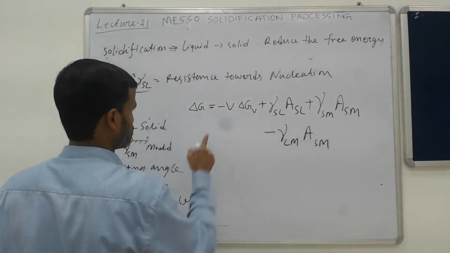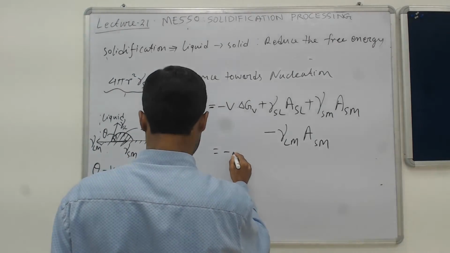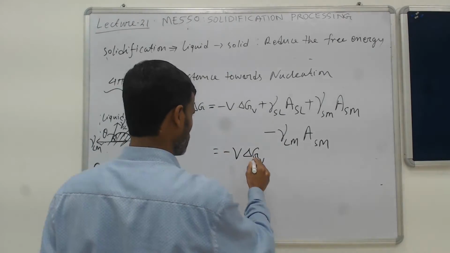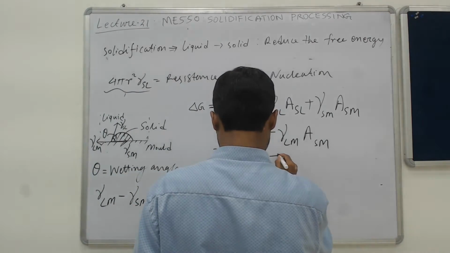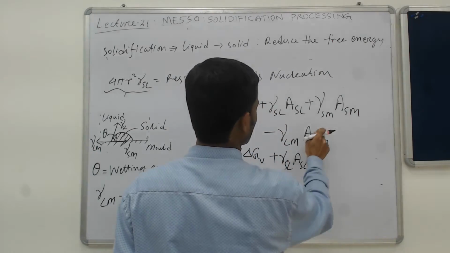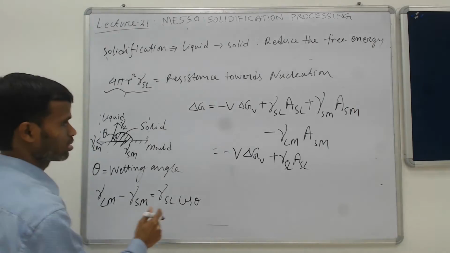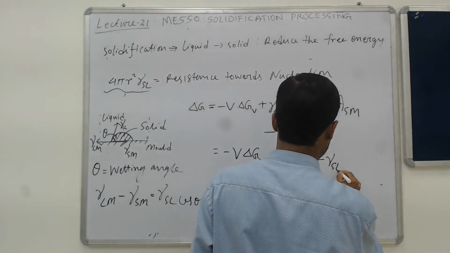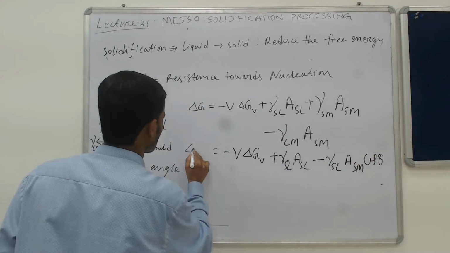Now V is the volume of the cap. It can be further reduced into minus V delta G V, where this is a molar quantity, volume times molar free energy change, then plus gamma SL into A SL. This term and this term, A SM we can take out. This minus this we can write from here, so it is like minus gamma SM A SM cos theta. So this is the free energy.